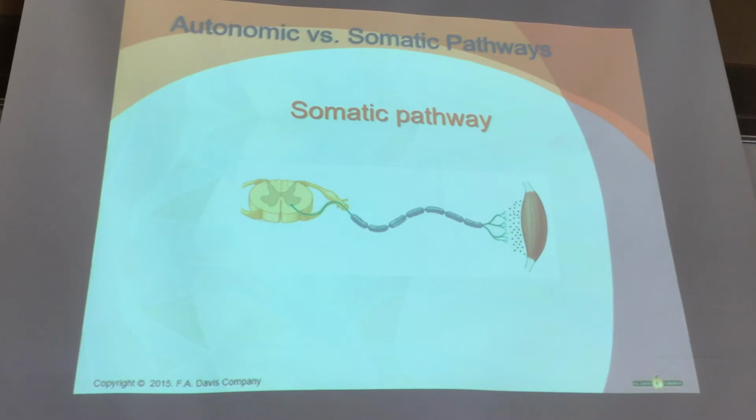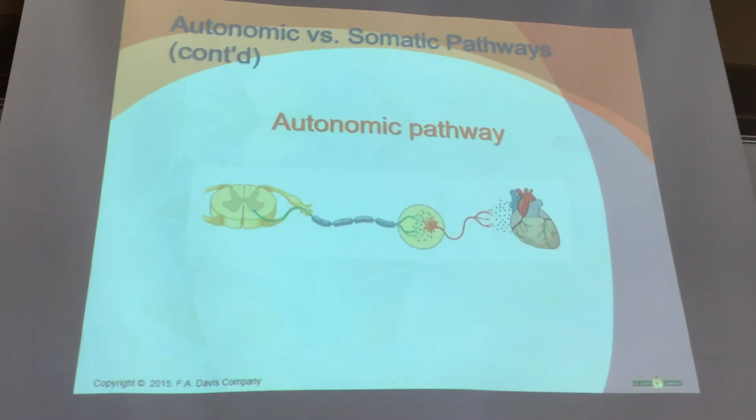Just one. It's crazy. Then you've got your target muscle, and this neurotransmitter called acetylcholine, you guys should be familiar with it, is released, and it causes that muscle contraction. Okay? So one neuron's doing this job, and it's going all the way from the central nervous system out to that target organ, which is the skeletal muscle.